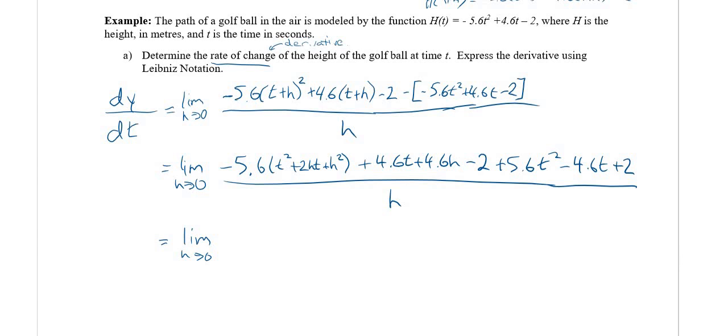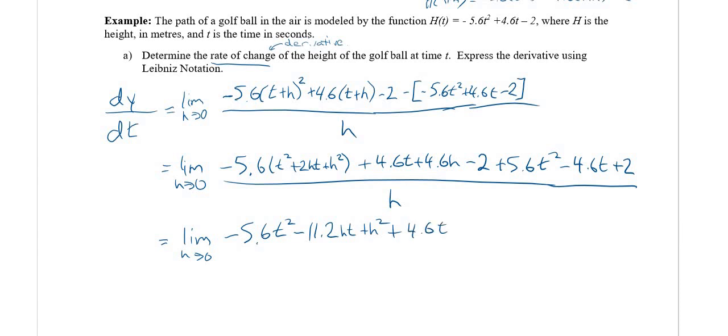Let's do a bit more with this. Let's expand out that first bracket. So that's going to be minus 5.6t squared. Then we're going to do negative 5.6 times 2, which is negative 11.2 ht plus h squared. And then the rest, we can't do too much with it right now.